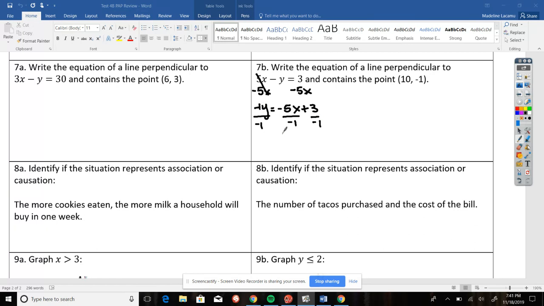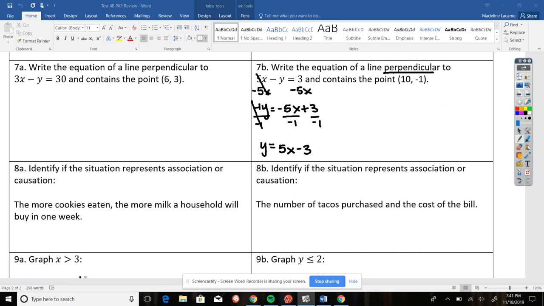Remember, there is a 1 in front there. So I get y equals -5 divided by -1 is just a +5, and 3 divided by -1 is -3. So our slope in this case is a +5.